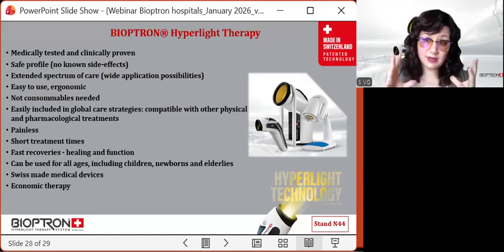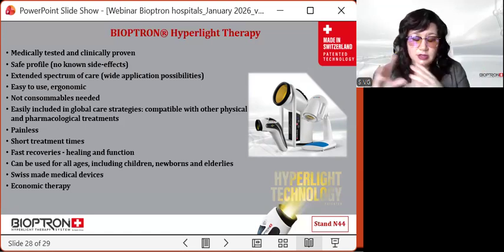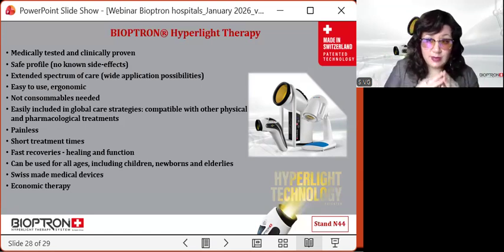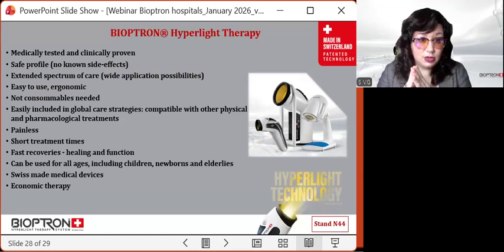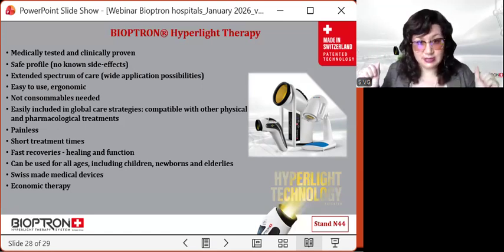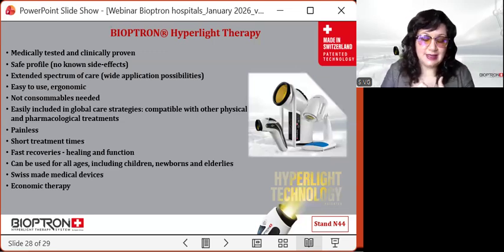They can use the same device in different units through the same institution. With very short treatment times, you have fantastic results, and it can be used for all ages. And of course, it's a Swiss made medical device that is a high quality stamp.